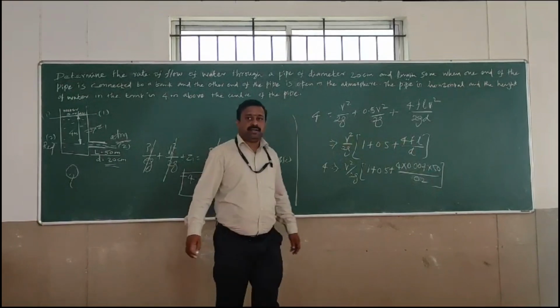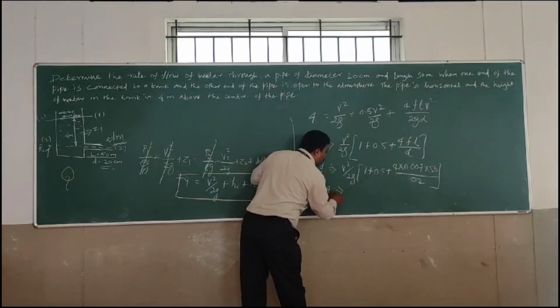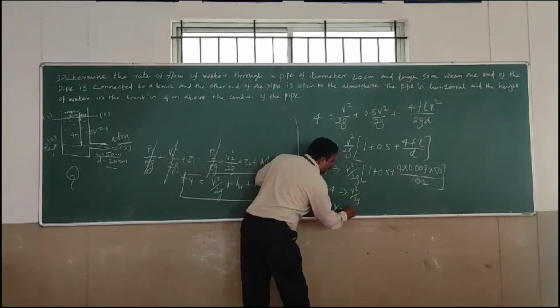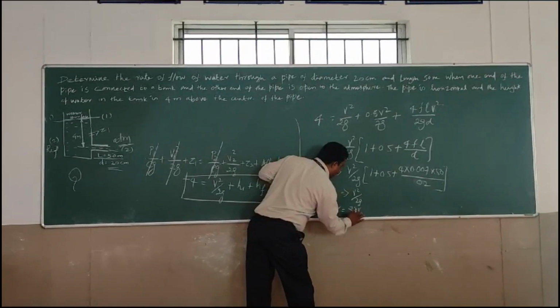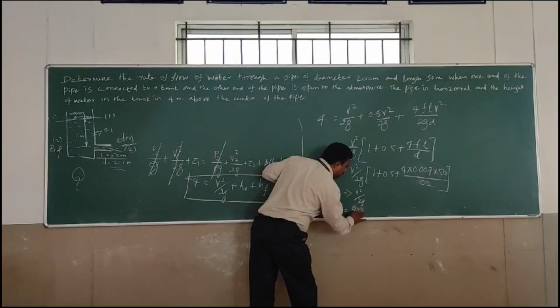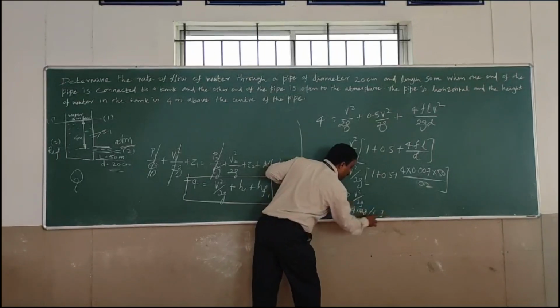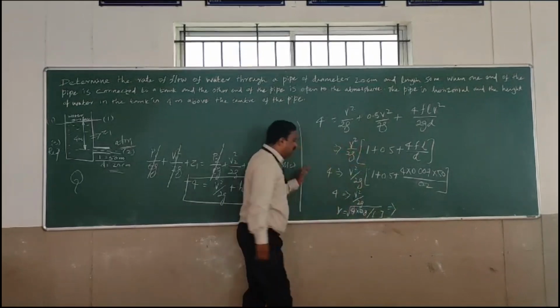Please take your calculator and finish this. So 4 equal to v squared by 2g, so v equal to the square root of 2 into 4 into 2g divided by this value. If you calculate this, you will get the value of v.